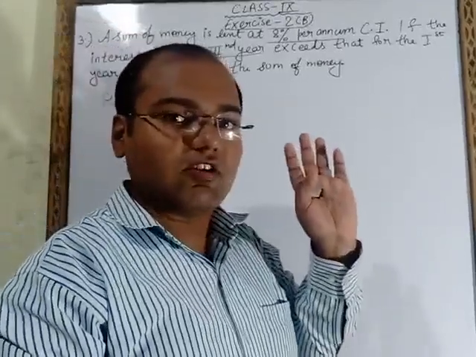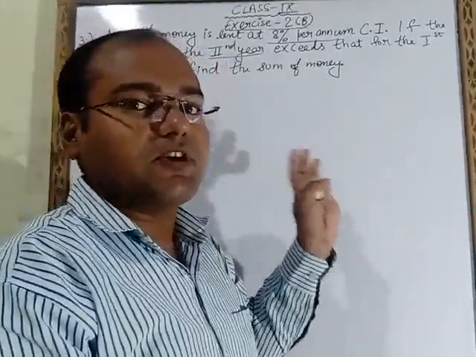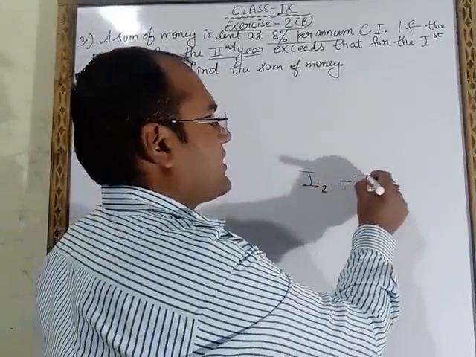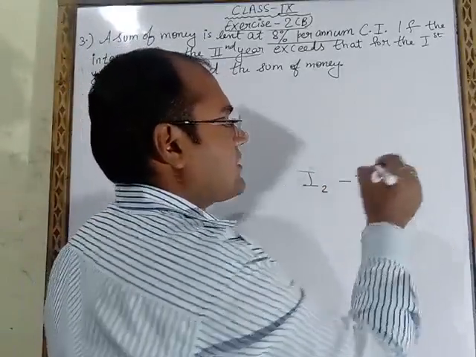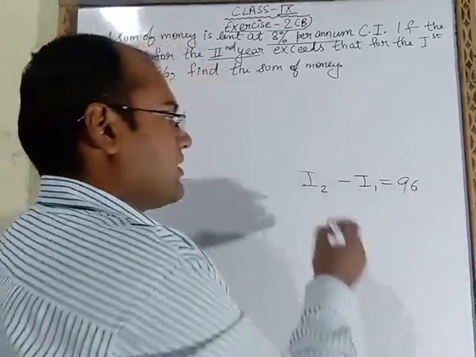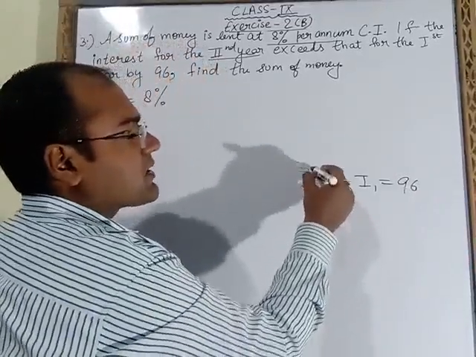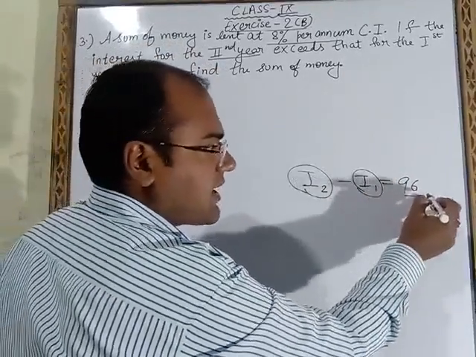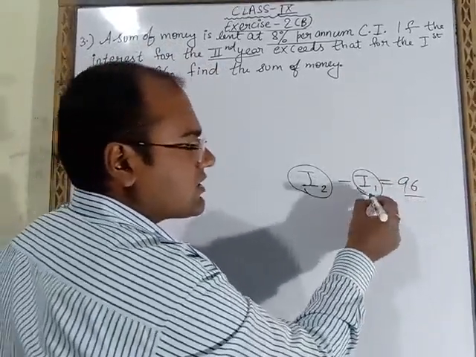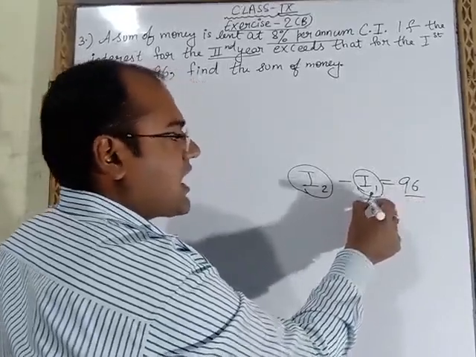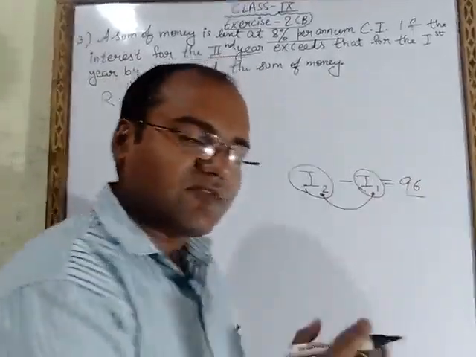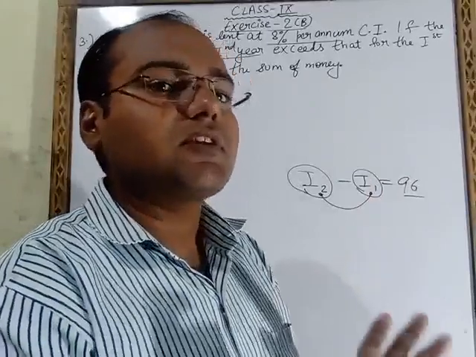We can read it like this also. That means the difference between interest of second year and interest of first year is 96.